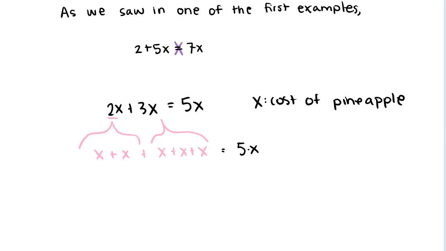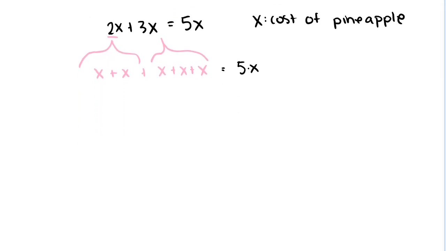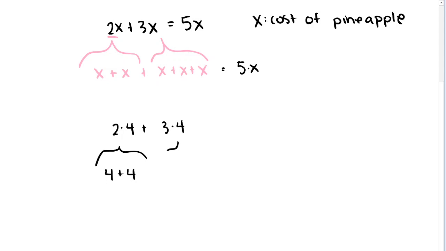And you can confirm this with very concrete numbers. So if I think of x as representing 4, maybe the pineapples cost $4. If I buy 2 of them, that's like adding 4 plus 4. And then if I buy 3 of them, that's like adding 4 plus 4 plus 4. And then adding all those together, we can see we get the same result.